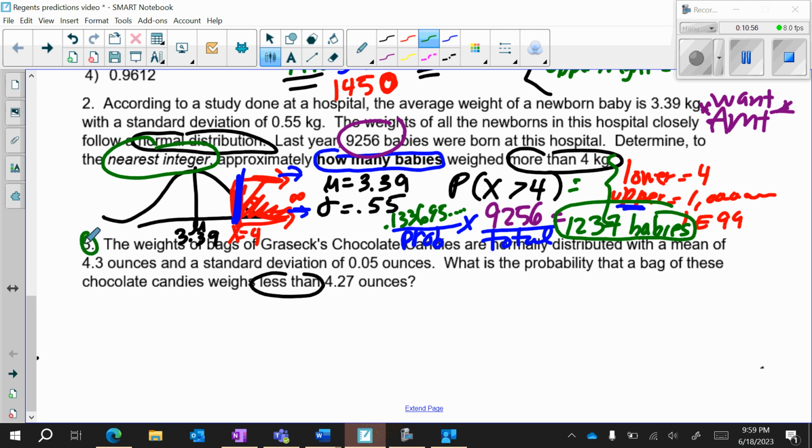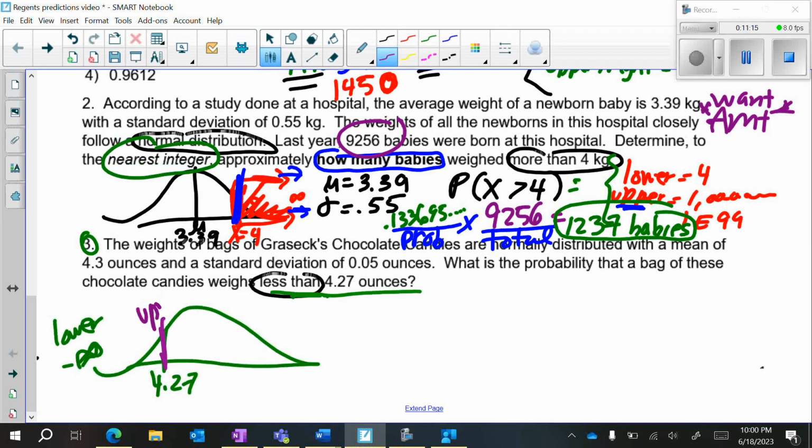So I want you guys to try number 3 on your own, but just note that this one says less than. So with less than, the lower bound is going to be negative infinity, and the upper bound is going to be, in this case, 4.27. So that's my hint to you: lower bound negative infinity, a negative really big number, upper boundary 4.27, and then do the math.